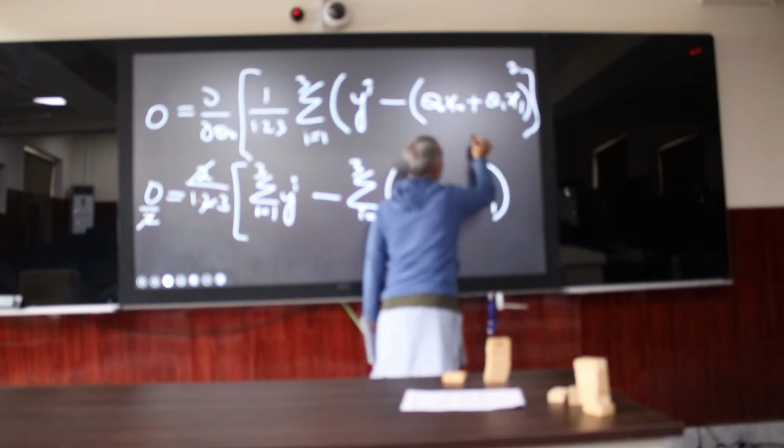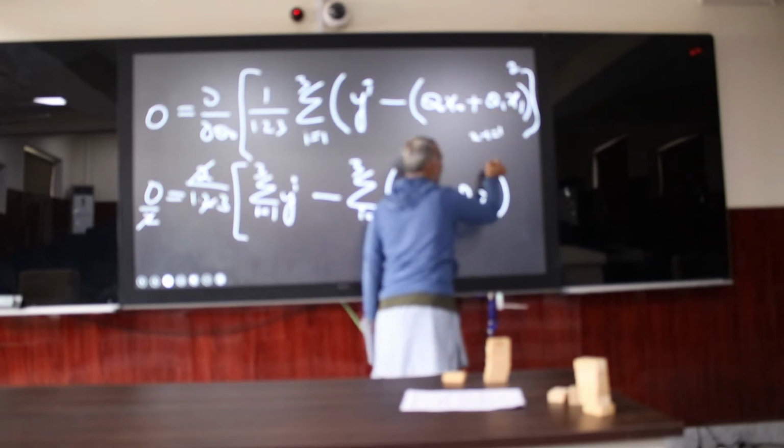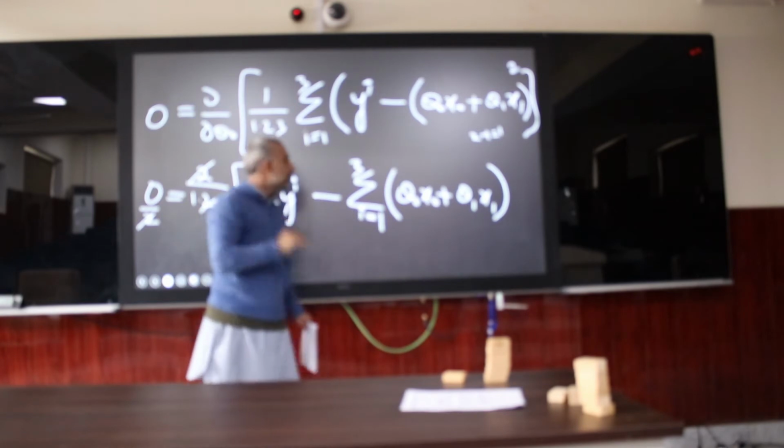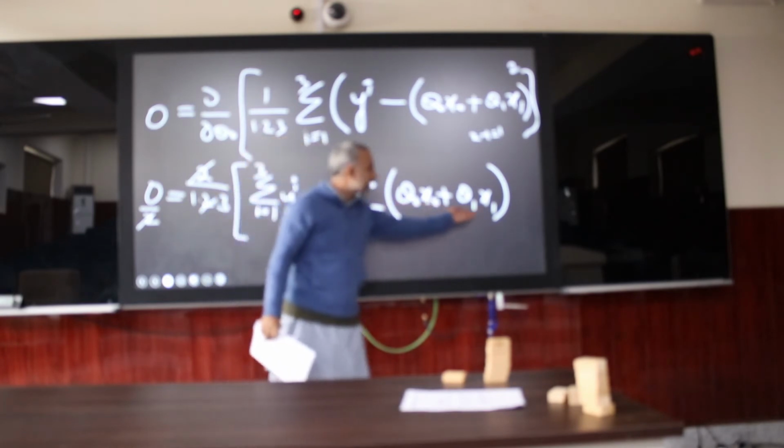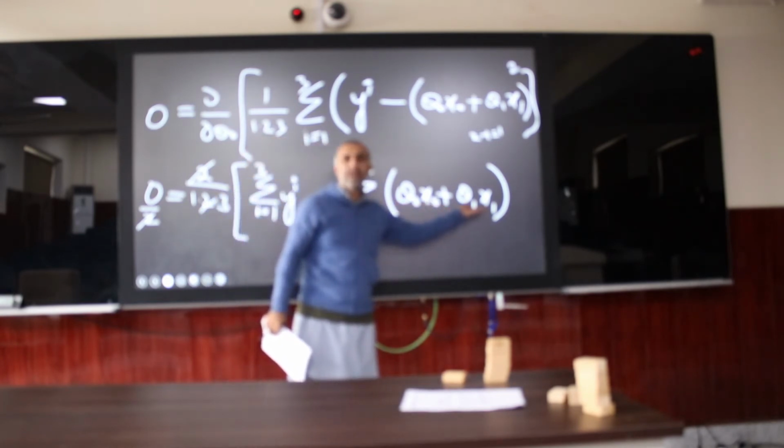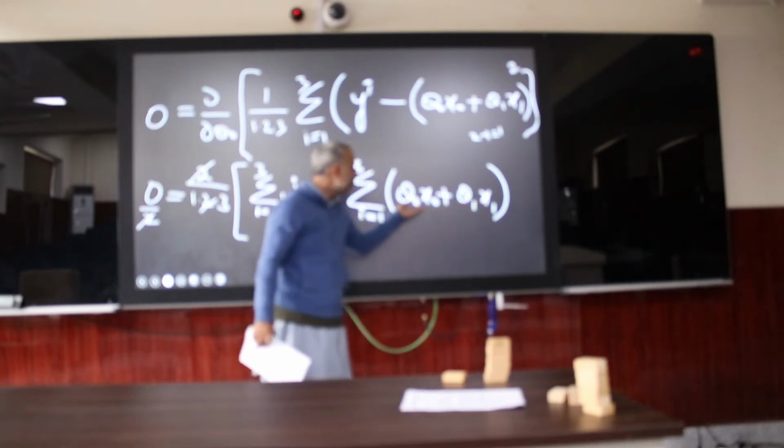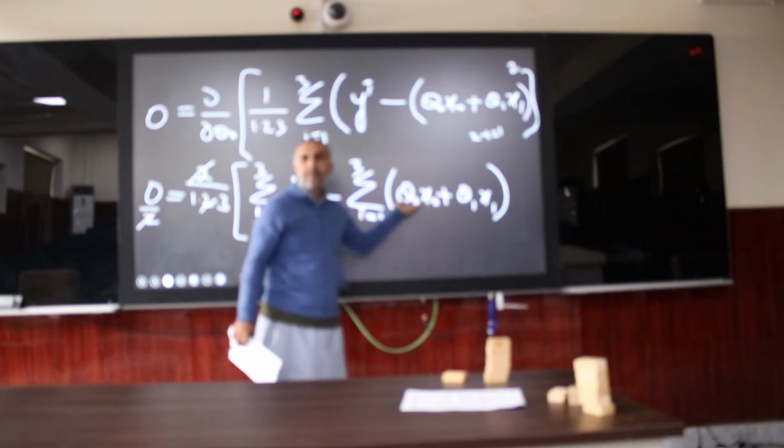Okay, according to the power rule, 2 minus 1 equals 1, so here is 1. Is it clear? Yes, sir. So on the inner side, you should not consider this term because we are considering the partial derivative with respect to theta. This will become 0 and this will become what? x sub naught.